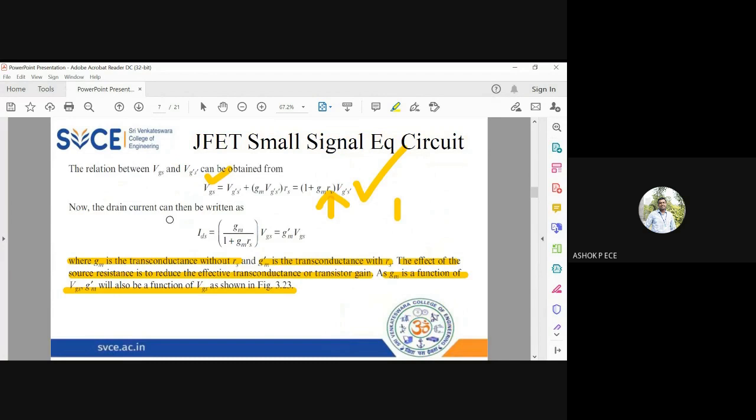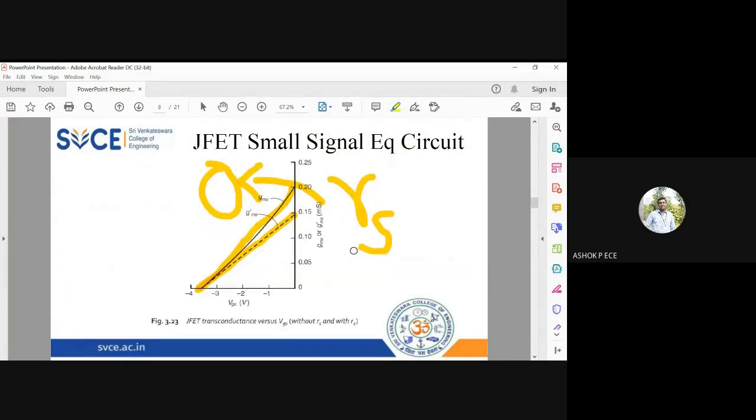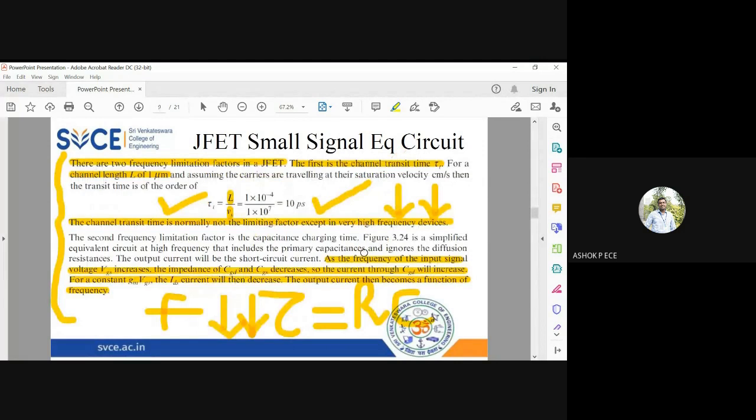Drawing the equivalent circuit for JFET and MOSFET, the logic is exactly the same. The relation between VGS and V dash GS is exactly the same. IDS and V dash GS is exactly the same. And the two problems which JFET faces, the same problems your MOSFET is also going to face. So in the small signal equivalent circuit, there are many similarities between JFET and MOSFET.